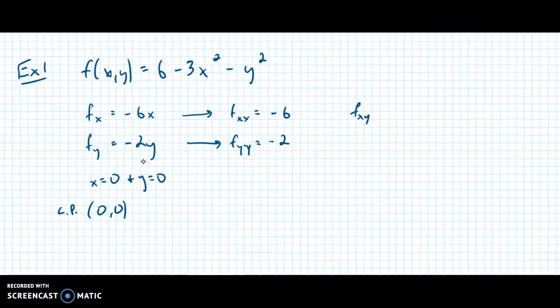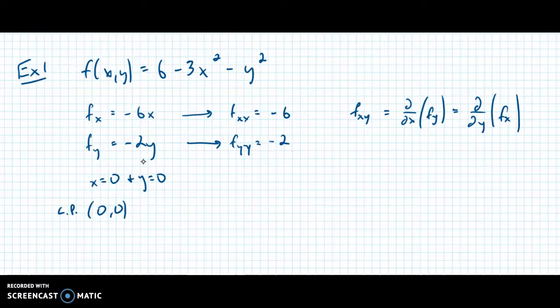F sub xy, remember, I can do by taking the partial with respect to x of f sub y, or the partial derivative with respect to y of f sub x.